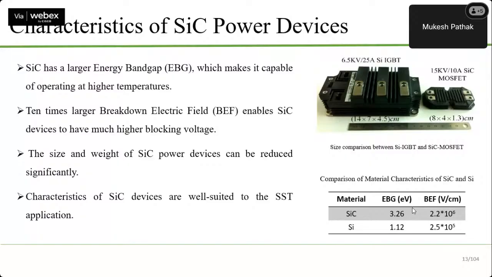You can see the device size also here: 6.5 kV, 25 ampere SiC IGBT, dimensions are 14 by 7 by 4.5 centimeter, whereas the 15 kV, 10 ampere SiC MOSFET size is 8 by 4 by 1.3. You can see volume is drastically reduced, by a factor of 8.